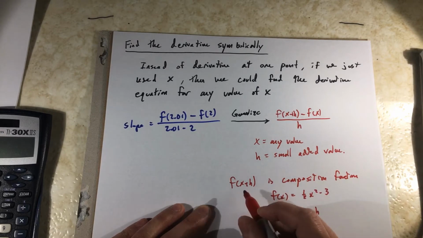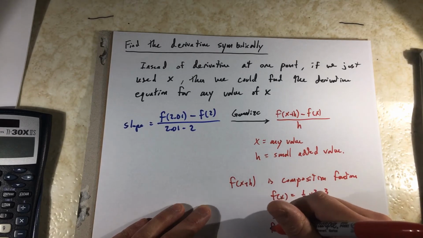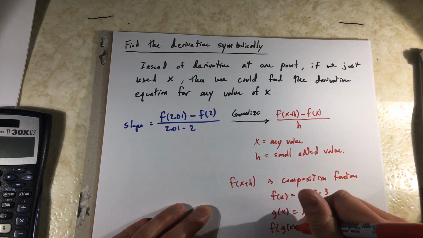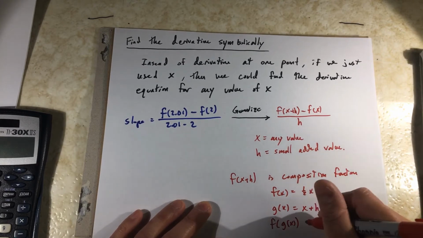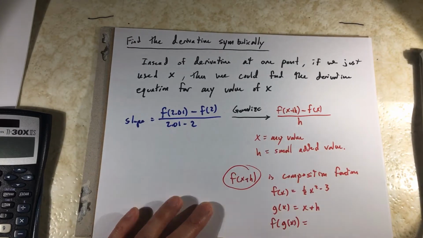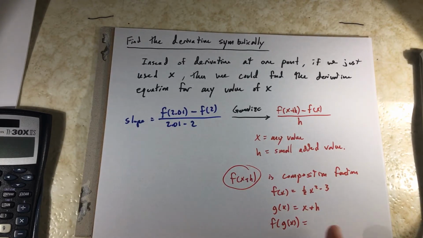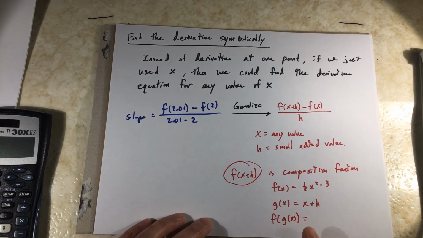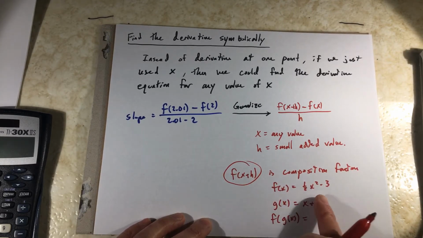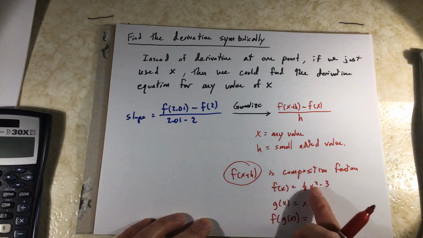So what we're looking for, f of x plus h, is essentially the composition f of g of x. All right. So that's basically what this first term is. And so when people run into difficulty with doing this calculation, it's usually because they have difficulty with the composition function. But this essentially is just a composition function of those two.